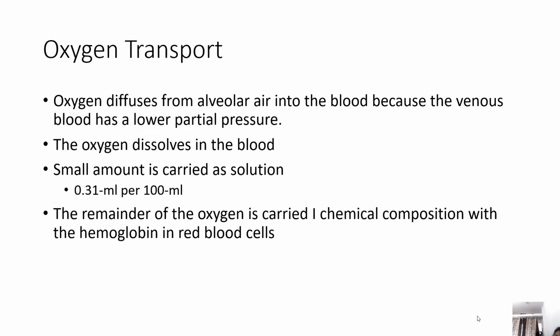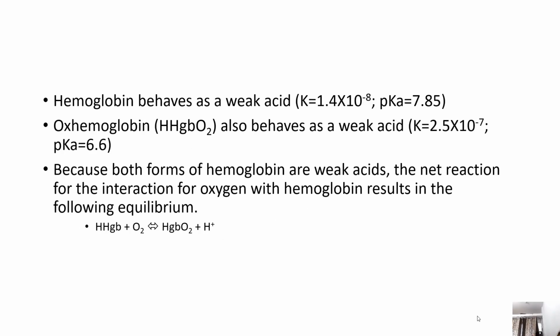Okay, so how does the oxygen transport happen? Oxygen diffuses from alveolar air into the blood because the venous blood has a lower partial pressure. So the oxygen dissolves in the blood, and a small amount is carried in solution. The remainder of the oxygen is carried in chemical combination with the hemoglobin in red blood cells.